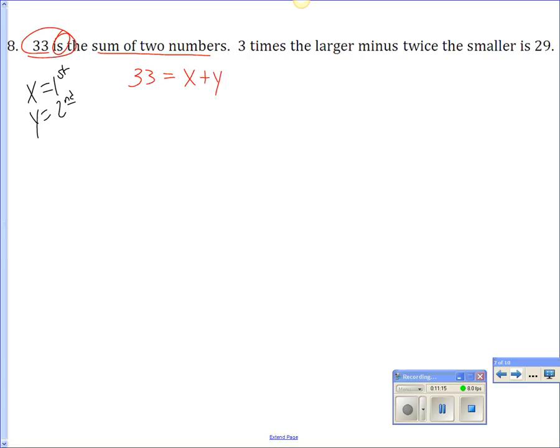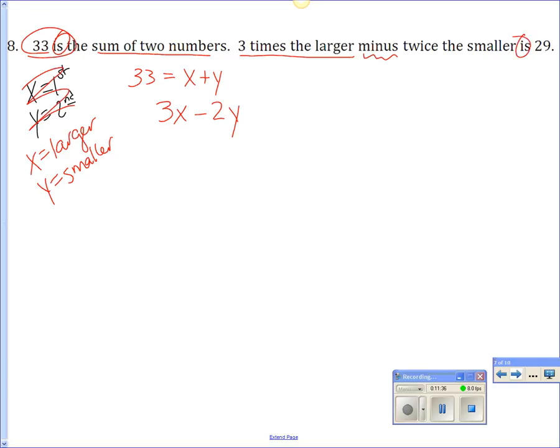My next equation, 3 times the larger. Okay, so sorry, I should have made this x equals the larger and y equals the smaller. Sorry about that. So 3 times the larger, so 3x, minus 2 times the smaller, or twice the smaller, so that's 2y, equals 29.